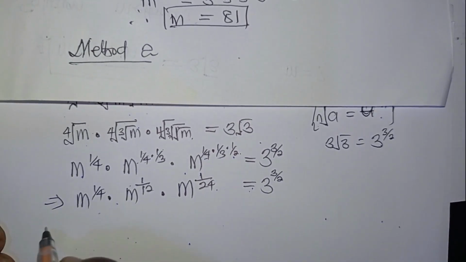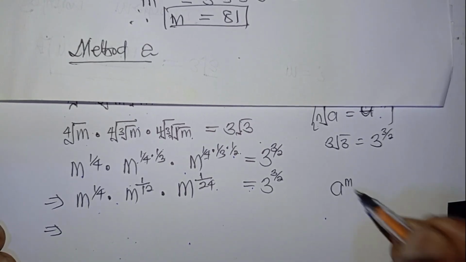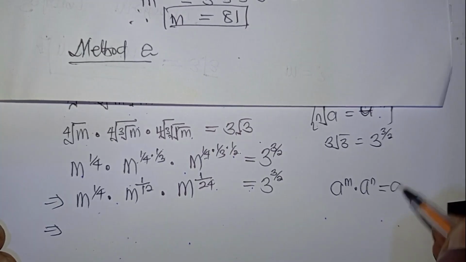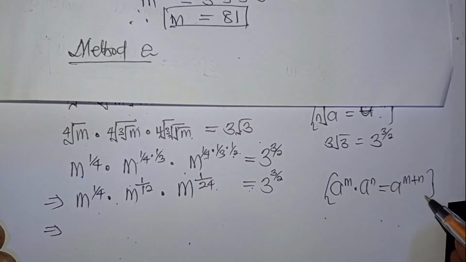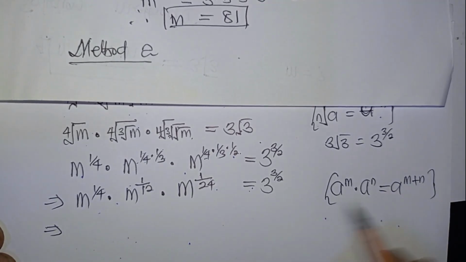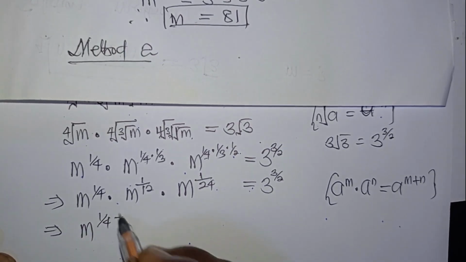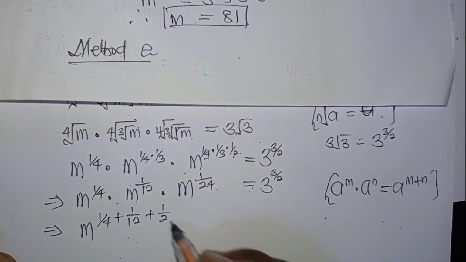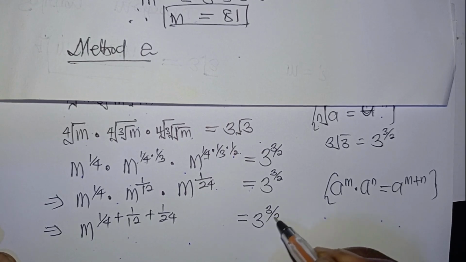So here we have this rule: if you have a to the power m multiplied by a to the power n, the answer is a to the power m plus n. So we add the exponents. That's a very powerful rule. Applying that rule, we have m to the power 1 over 4 plus 1 over 12 plus 1 over 24 equals 3 to the power 3 over 2.